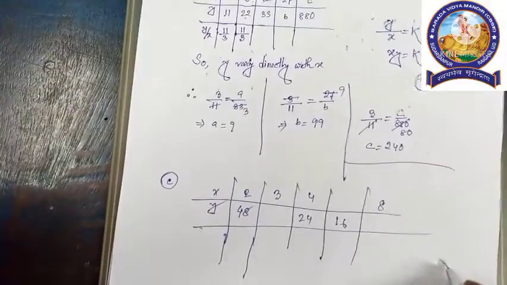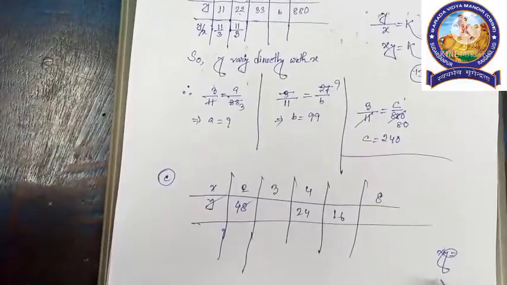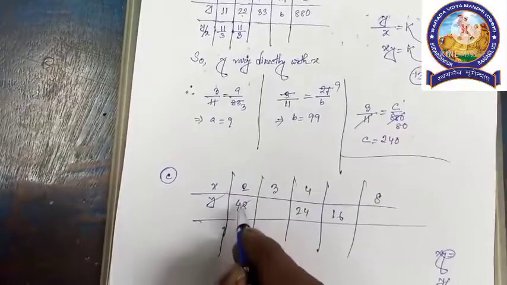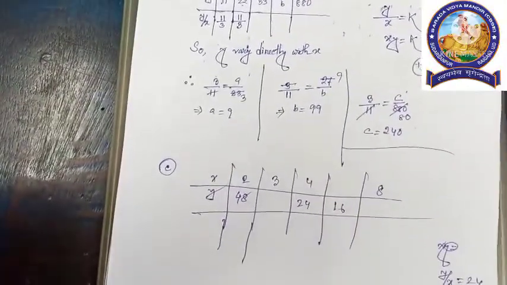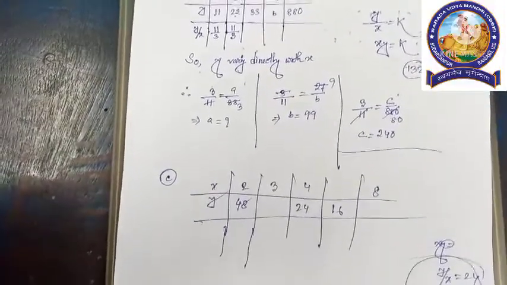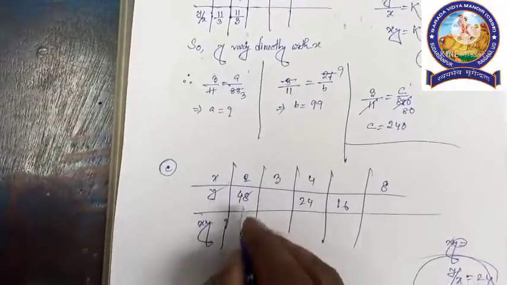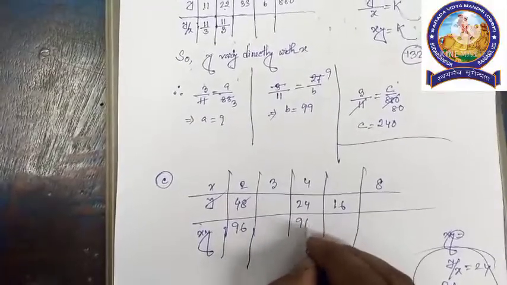So here the product remains the same, but in the case of the ratio y by x, the first corresponding value of y by x is 24, and here y by x equals 6. So the ratios are not equal, but the products are equal. So it is a case of inverse variation. Product 96, here also 96.